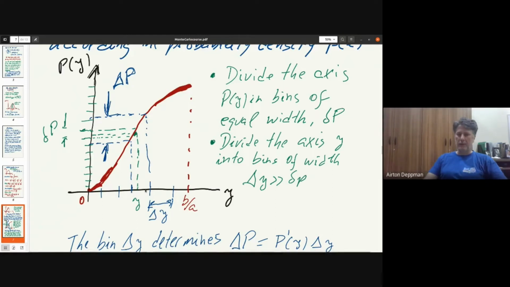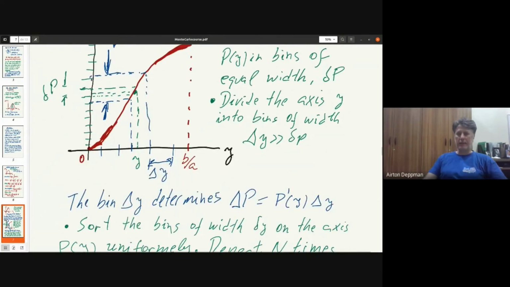Okay, so we have this range delta y, and for each event here in this range, I associate a value y. So sorting the bin here is equivalent to sorting the value of y. And I make this correspondence. For each bin, I associate a value of y in this range.